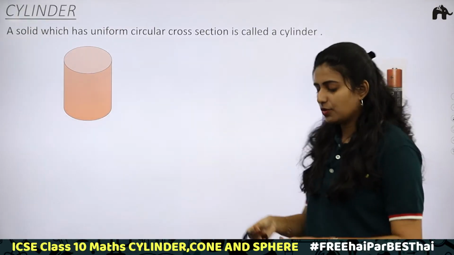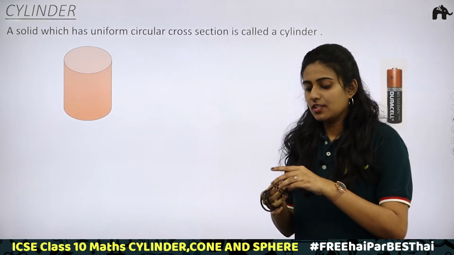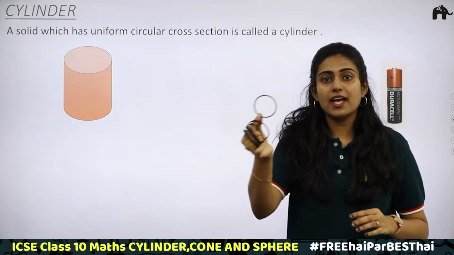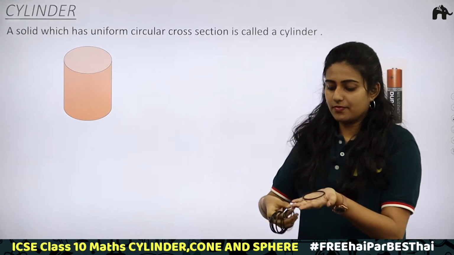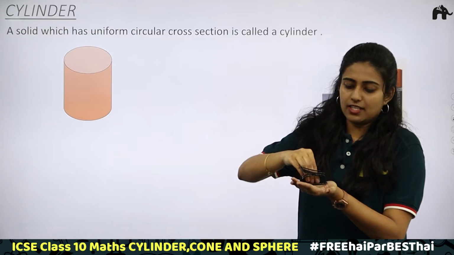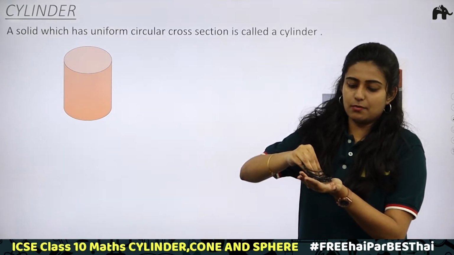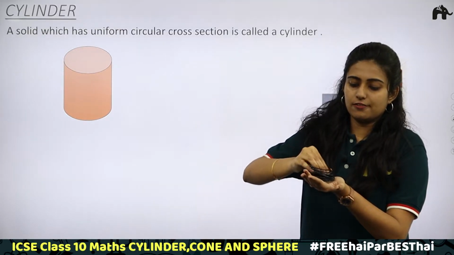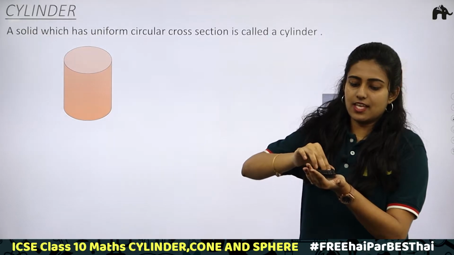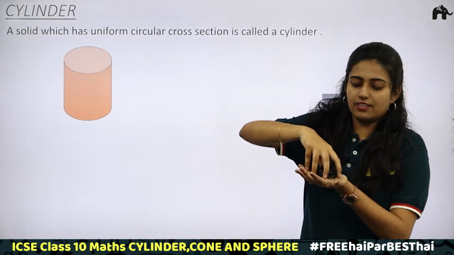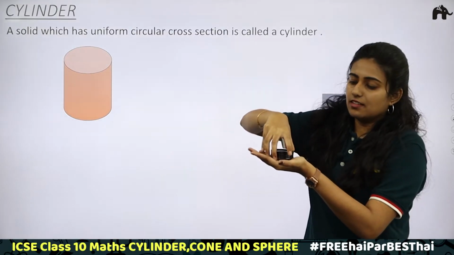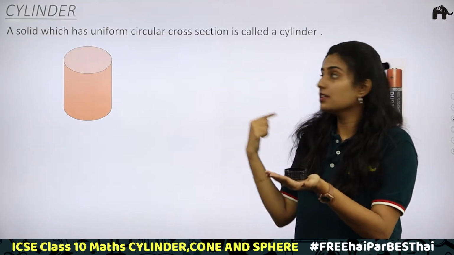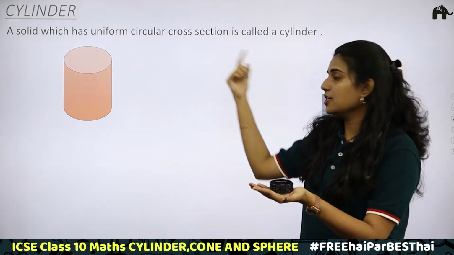For example, I'll show you. I have a few bangles here. We know a bangle is in circular shape. I kept the first bangle, then the second bangle above it, third bangle above it, 4, 5, 6, 7, 8. 8 bangles I have kept. These are circles with uniform circular cross section.